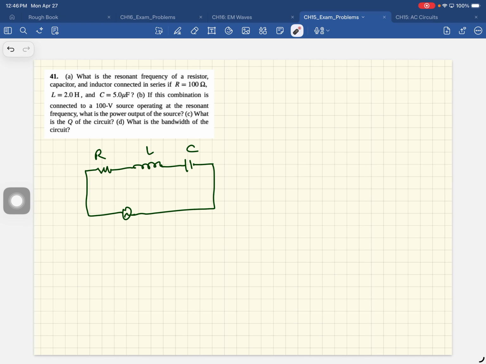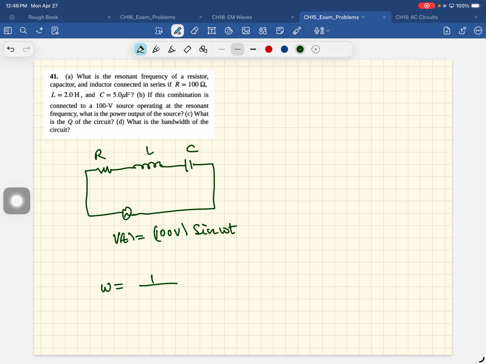This is connected to a 100 volt source operating at resonant frequency. Okay, and we'll assume that's the amplitude of the source, where omega is 1 over root of LC.